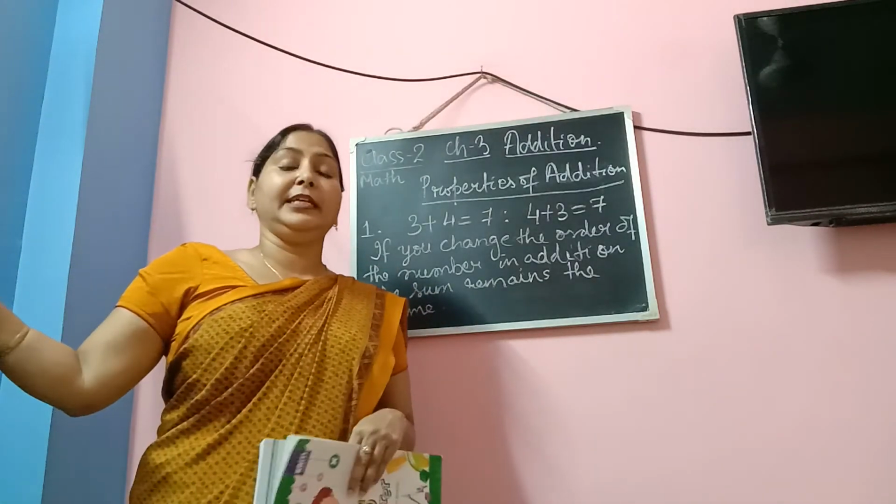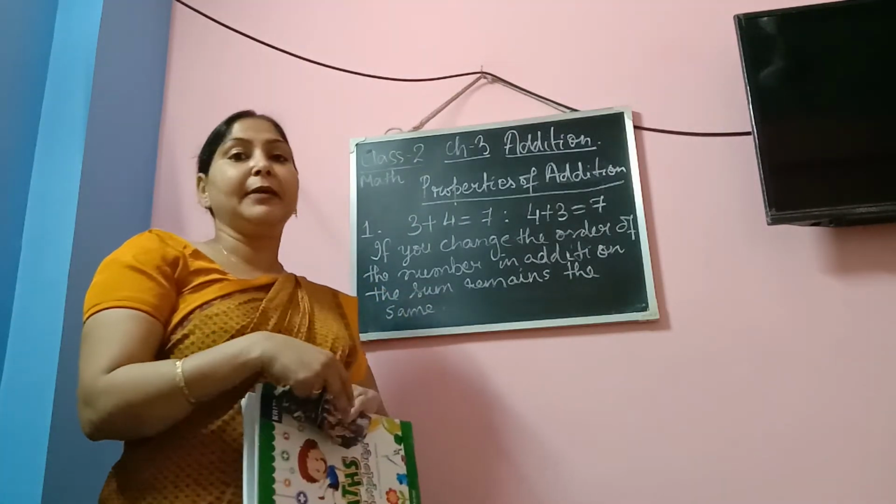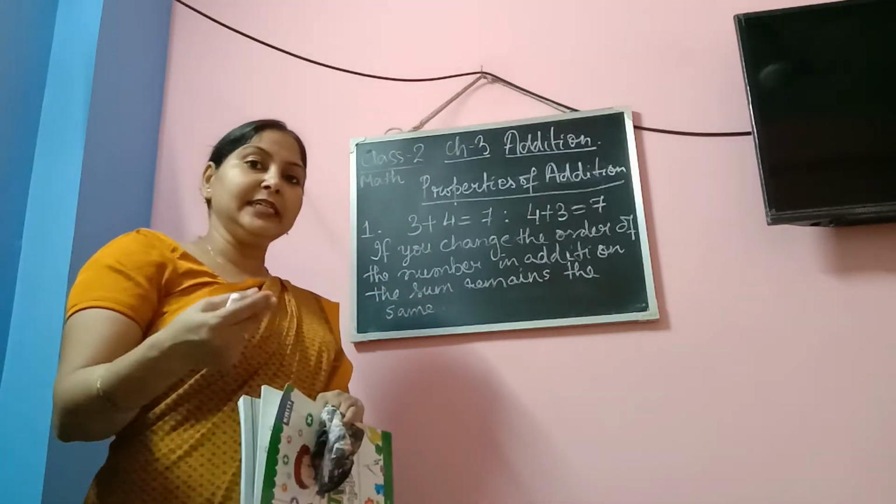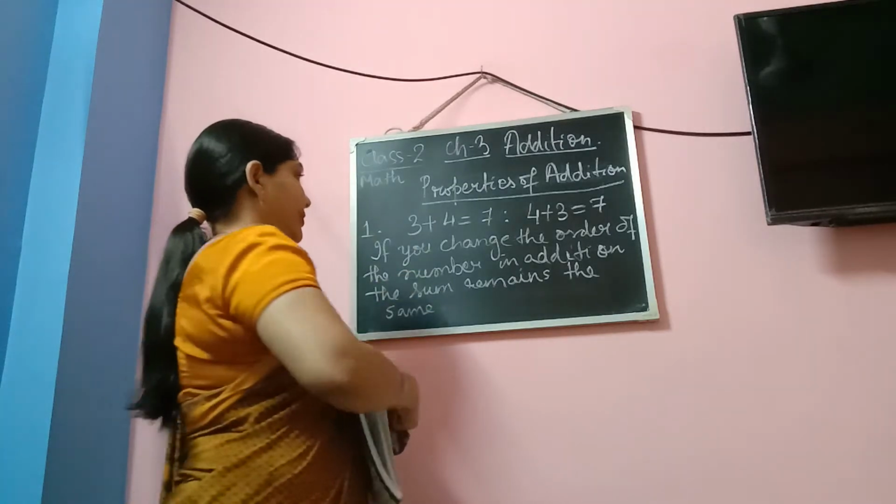This is the first property. Now the second property is what? The second property is whenever you add any number with 0, the answer is the number itself.